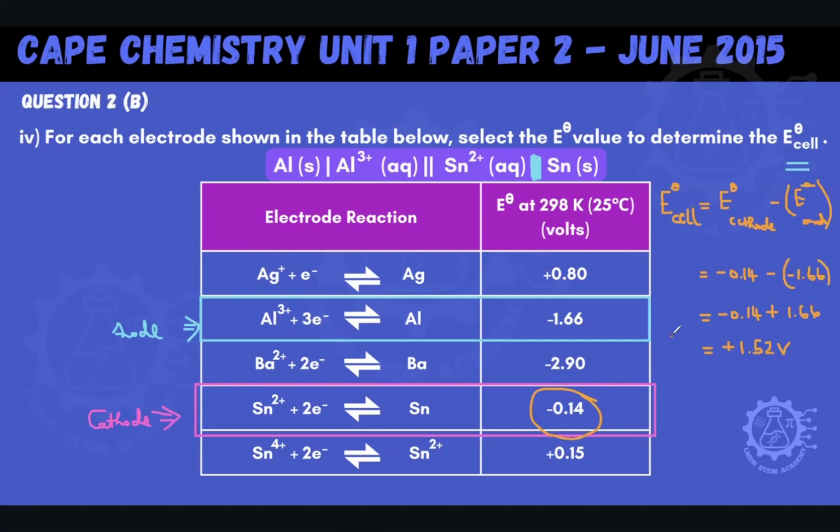That's what the voltmeter that we had previously drawn in our well-labeled cell diagram would read. So when I connect these two half cells, this being my anode and this being my cathode, the voltmeter will read 1.52 volts. And so that's my standard cell potential. And that's how we go about calculating it.